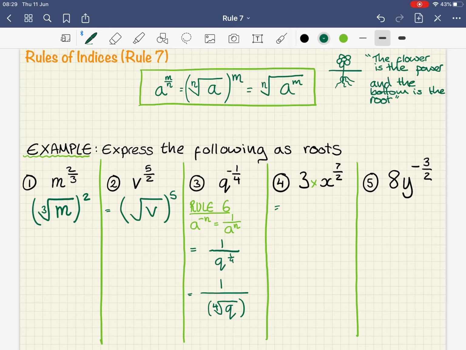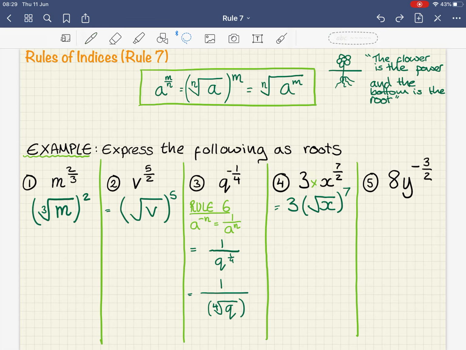So we work with it the exact same way as before, so that 3 is not going to be affected by it at all. However my x is going to be. So the flower is the power, so that means my 7 is my power up here, and the bottom is the root. So I would put the 2 in here, but I don't need it, so I'm not going to have it.